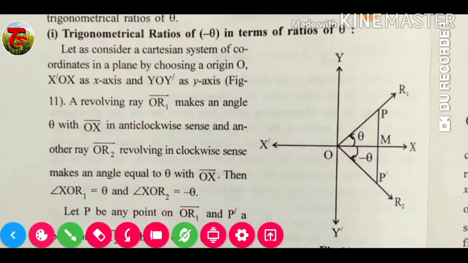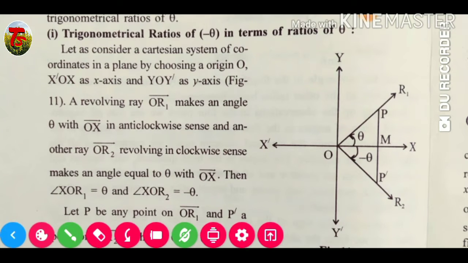Clockwise sense, makes an angle equal to theta with this, and these two angles are equal. If it is 60 degree, then this one also will be 60 degree. Both will be 60 degree. But it is going clockwise, so it will be minus 60 degree. So here it is given in clockwise sense, makes an angle equal to theta with OX.